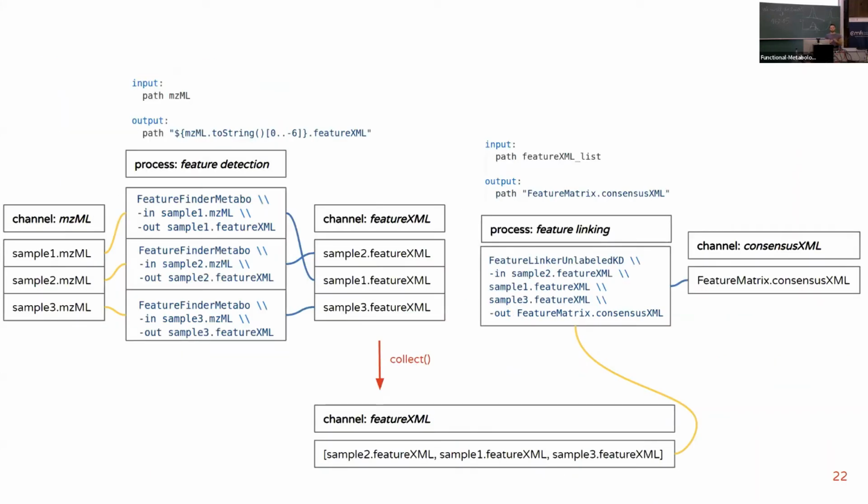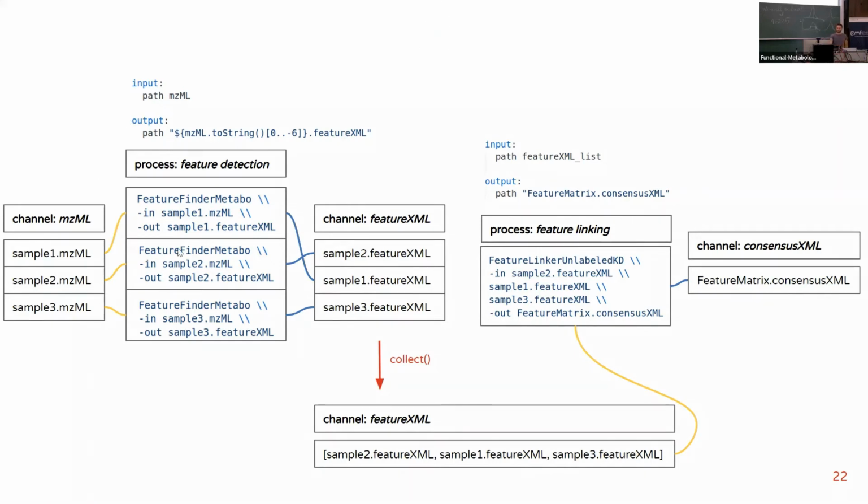And just to put the channels and processes together in a complete example for feature detection and feature linking, let's say we have a channel of mzML files here, then we will call the process feature detection. For the input, you don't have to specify any real names. You can just name that mzML, and for the output, I just removed the extension and added the featureXML extension.